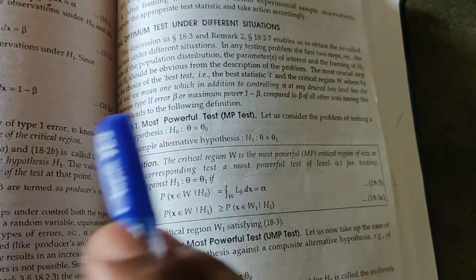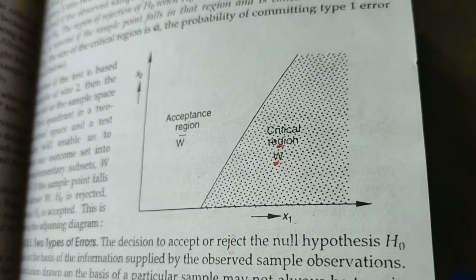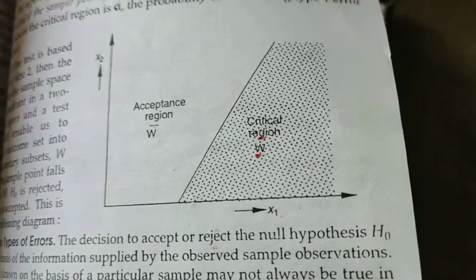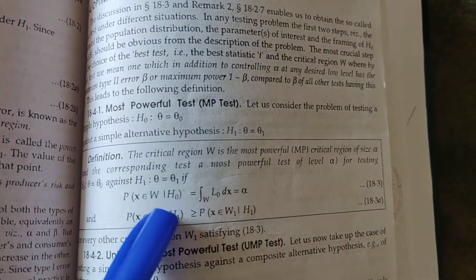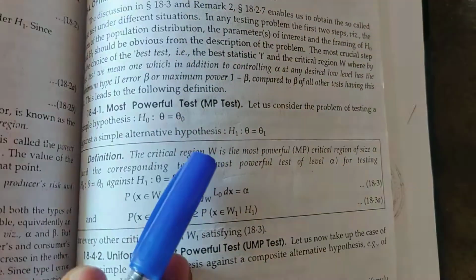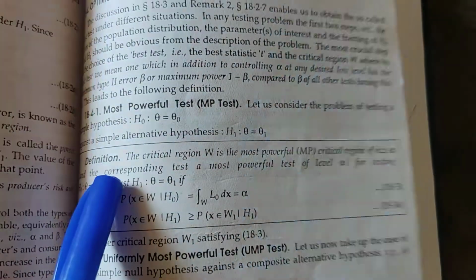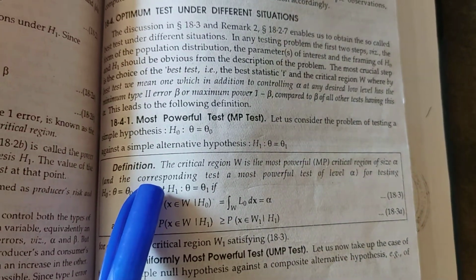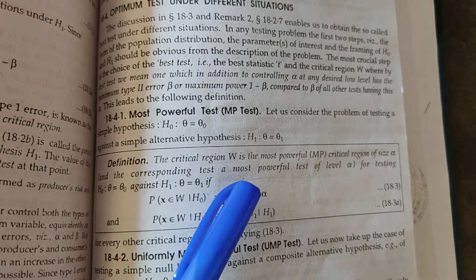In the previous page I already showed you this area, which is dotted, the critical region denoted with W. You can call it the critical region or the rejection region, both are the same. The critical region or rejection region W is the most powerful critical region of size alpha, and the corresponding test is a most powerful test of level alpha.